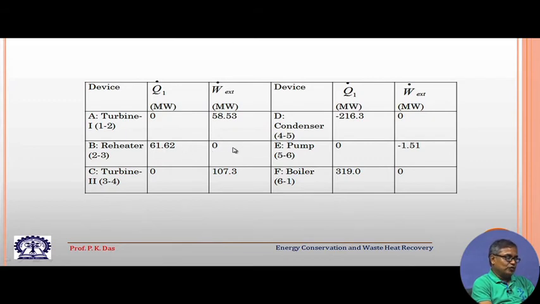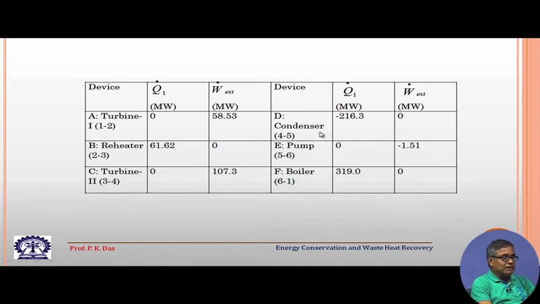Work done is equal to 0. Then we have gone to the second turbine, the low pressure turbine, and here obviously again it is insulated, no heat transfer, but there is 107.3 megawatt amount of work done.